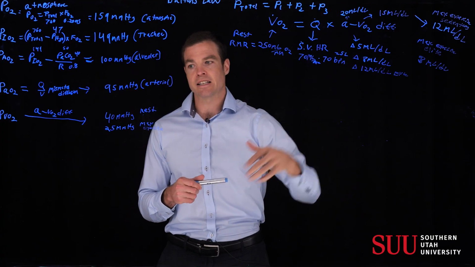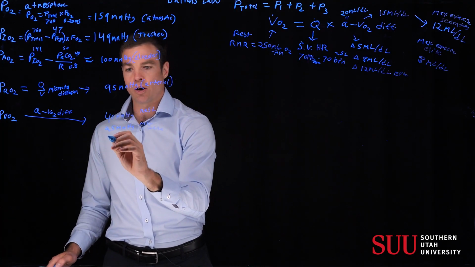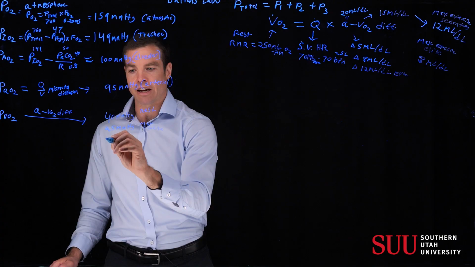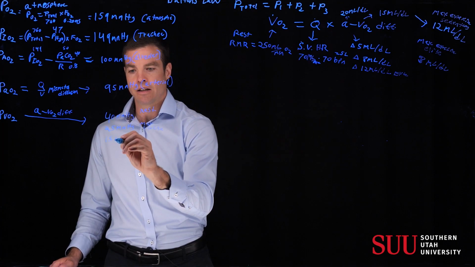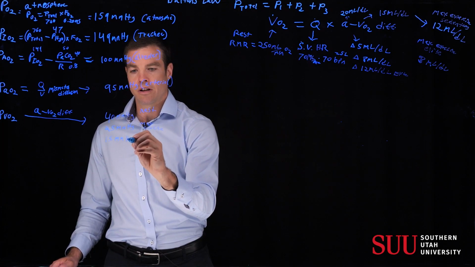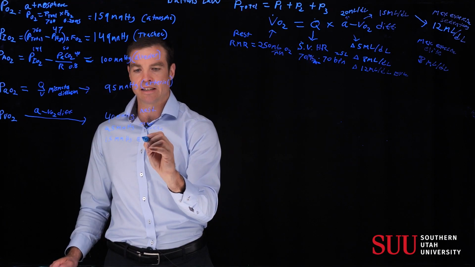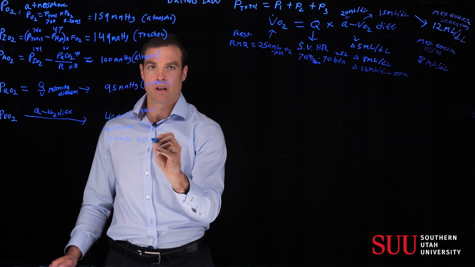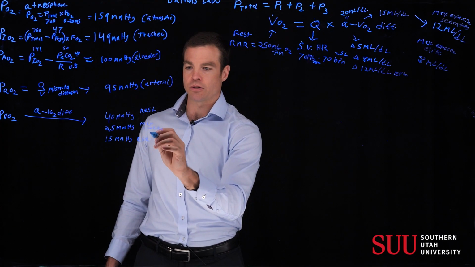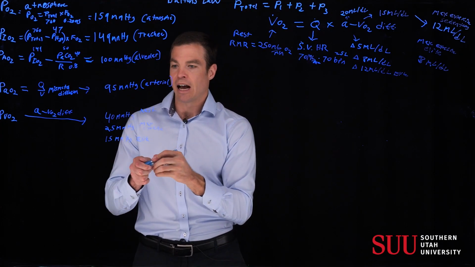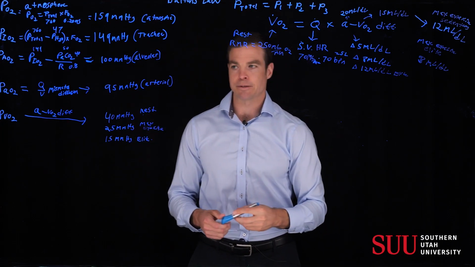When you look at that, you're down to a very low partial pressure of, say, around 15 millimeters of mercury. And this is with the elite individual. Okay, so your elite individual during max exercise can really allow that to drop significantly.